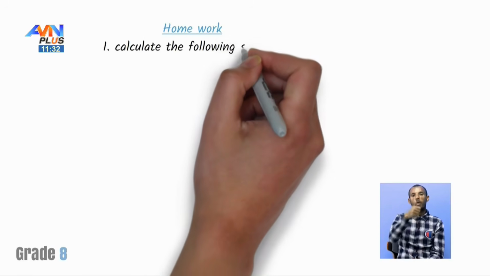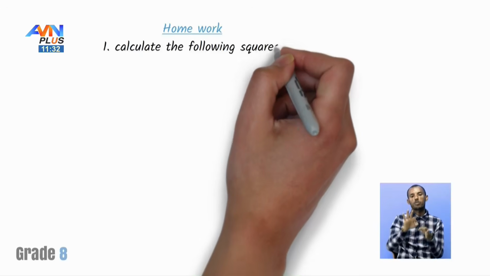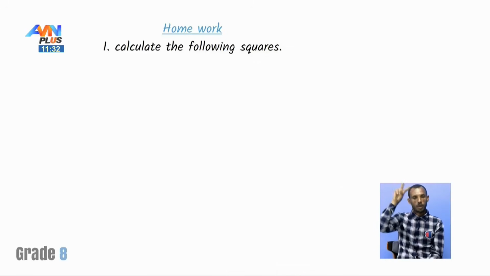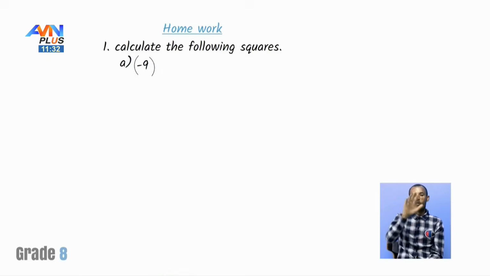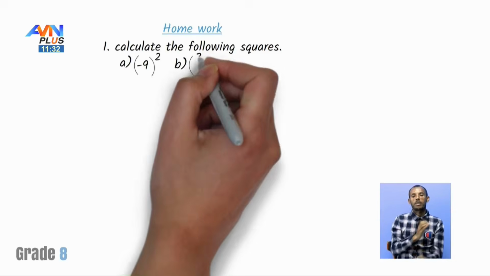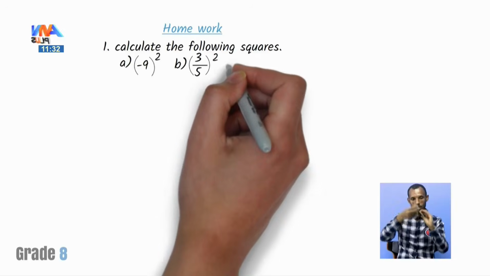My first question is I need you to calculate minus 9 square. Okay, minus 9 square. Calculate 3 over 5 square. And also calculate 0.8 square. Okay, calculate the square of these rational numbers.